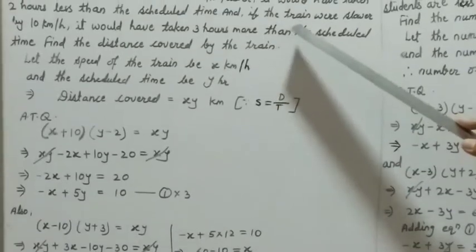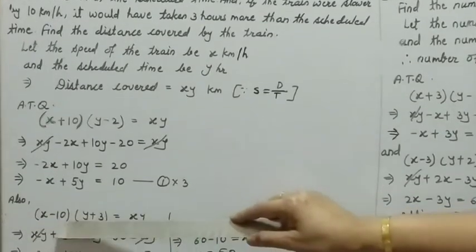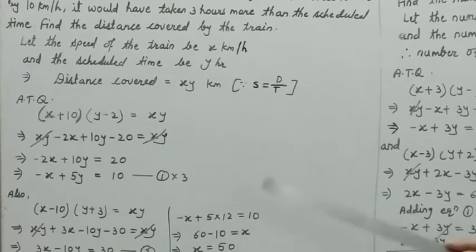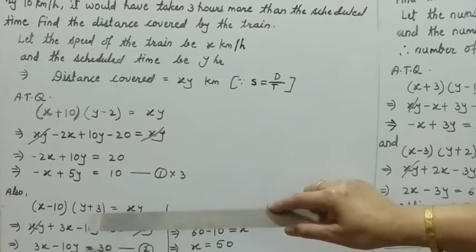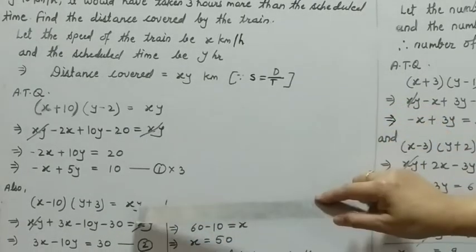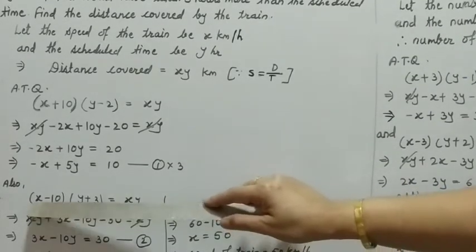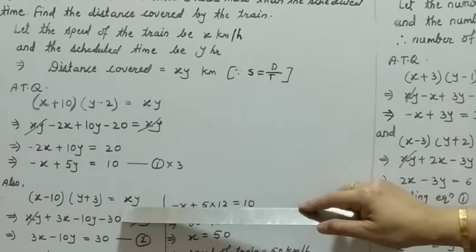Now the given condition is that if we reduce the speed by 10 km, that means x minus 10, the time required will be 3 hours more, that means y plus 3. But again the distance covered will remain the same, that is xy, and hence the equation can be formed as (x minus 10) into (y plus 3) is equal to xy.